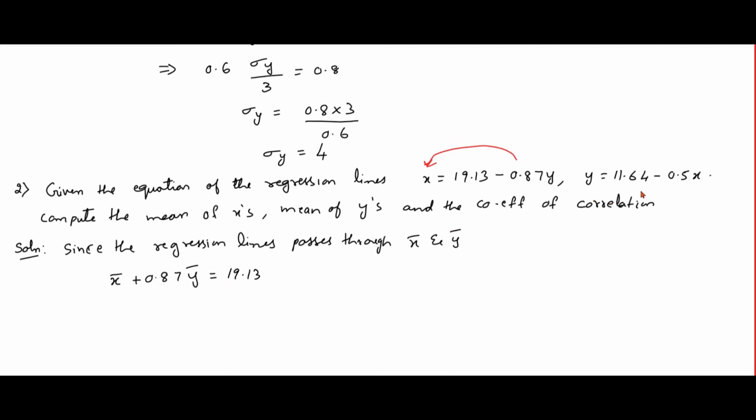Similarly, for the second equation, I take the 0.5x to the left hand side: 0.5 x bar plus y bar equals 11.64. Solving this, we get the values of x bar and y bar.